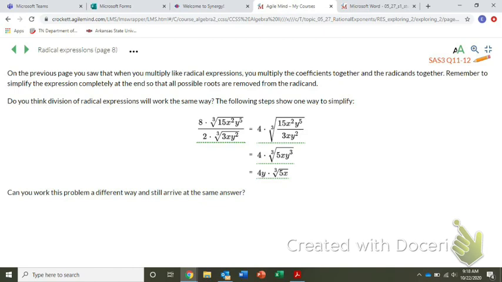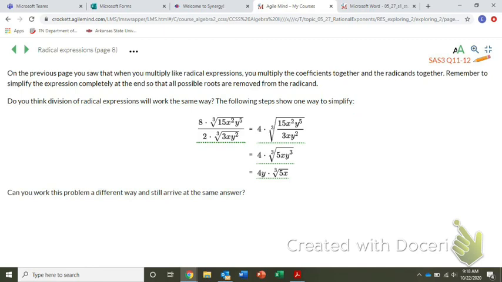All right, so on number 11, it shows you a way to solve a radical expression. So that's one way. You can look through that and see that that's one way to solve. But I'm going to show you what I think is a simpler way.